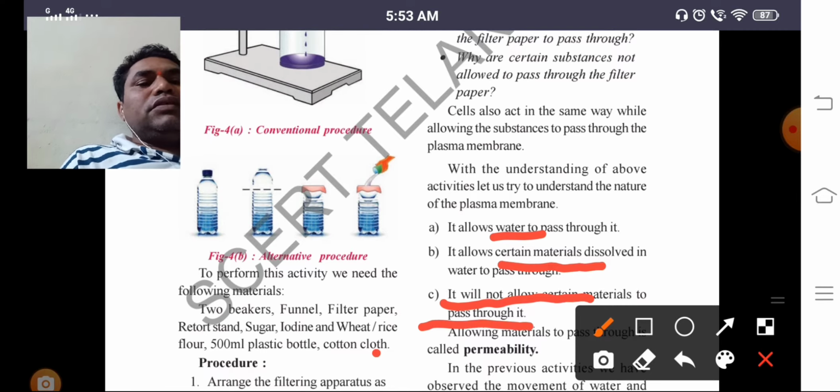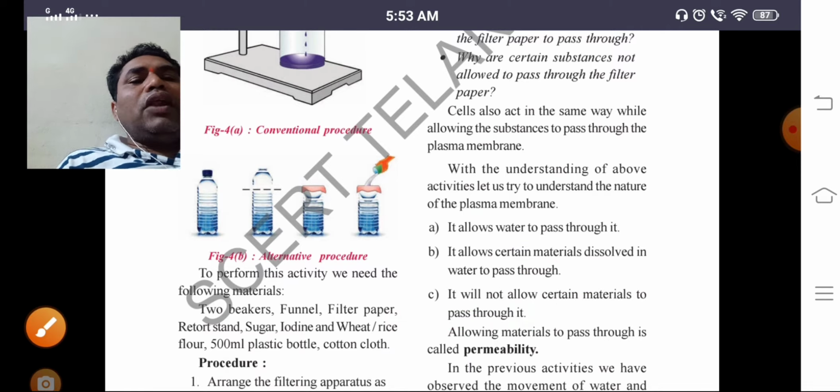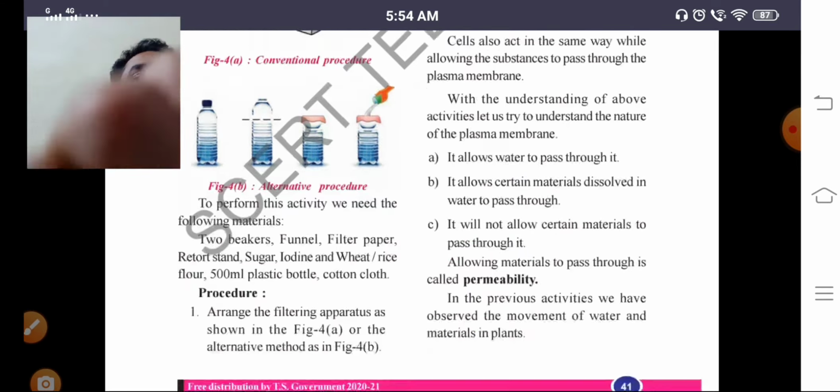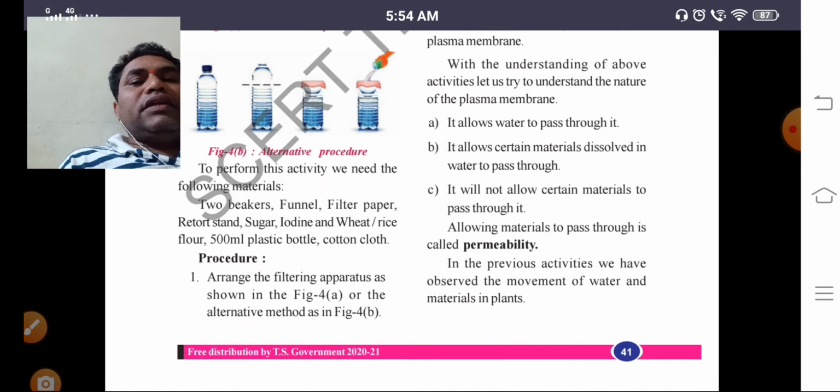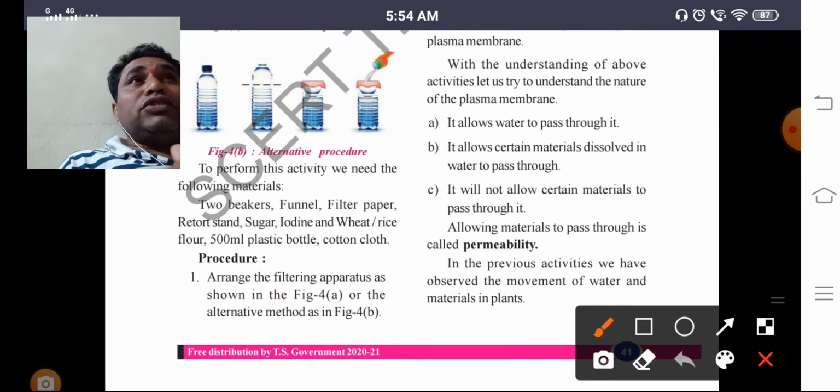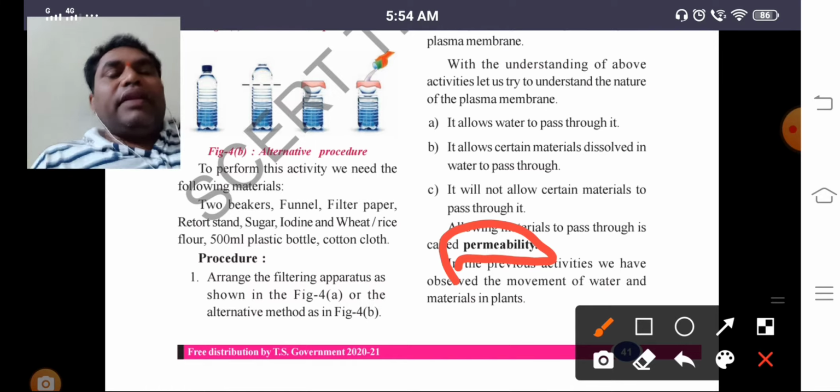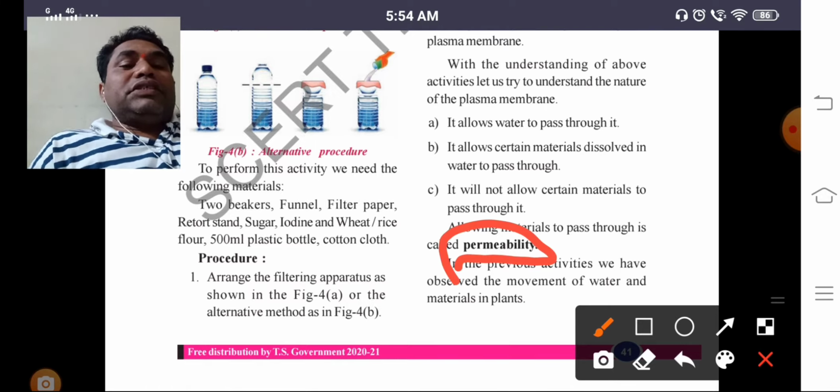So allowing materials to pass through is permeability. Whatever materials pass from outside through the filter paper into the beaker, that process is called permeability. Here materials are permeating from outside to inside.